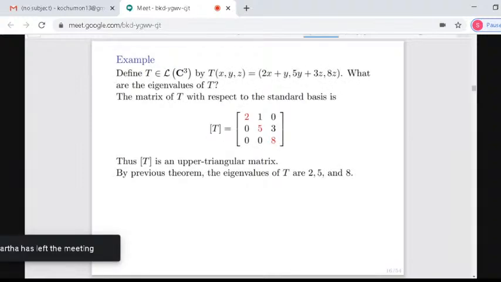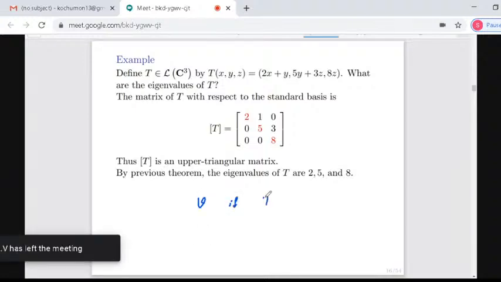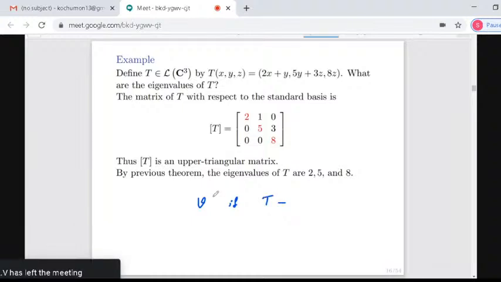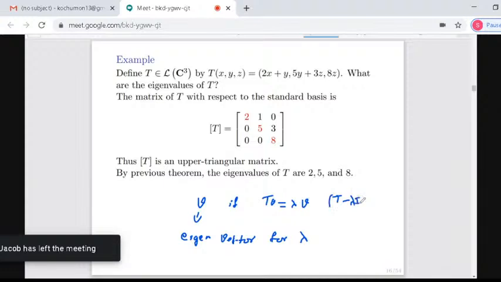Now, what is an eigenvalue? V is an eigenvector for the eigenvalue lambda if T of V is equal to lambda V. Otherwise, we have T minus lambda identity, and this operator is not invertible.